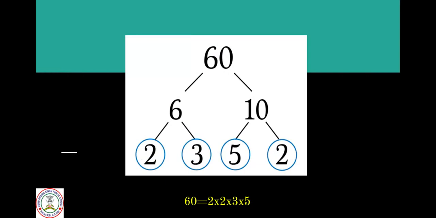Now split 10 into 5 and 2. Now we can see both 2 and 5 are prime numbers, so circle these again. That means prime factorization of 60 is equal to 2 into 2 into 3 into 5.